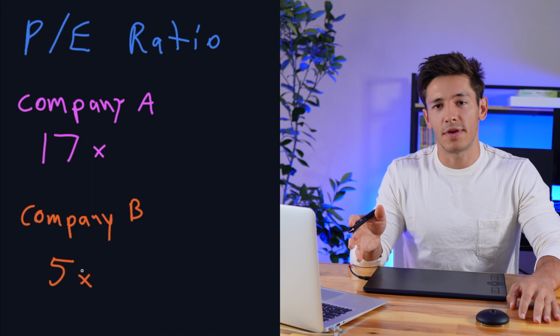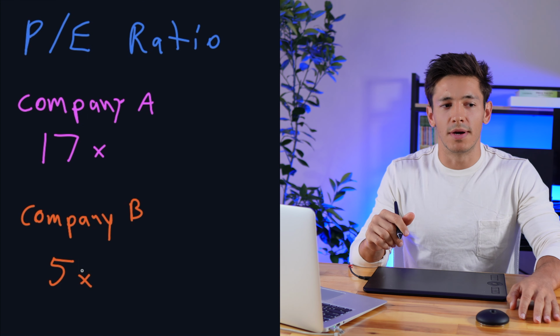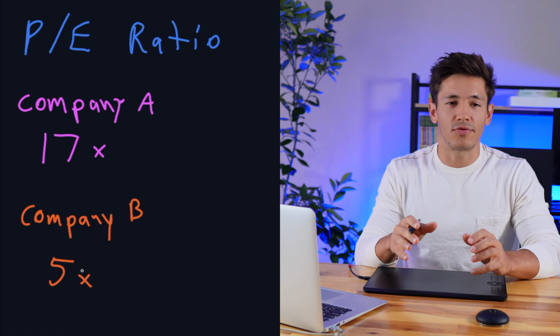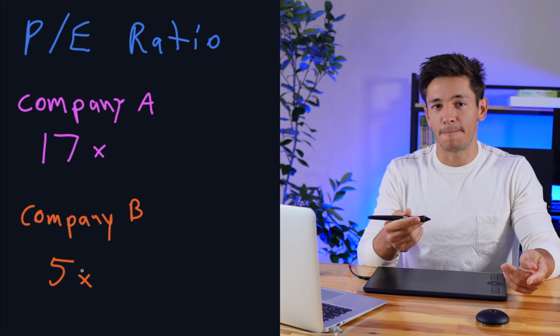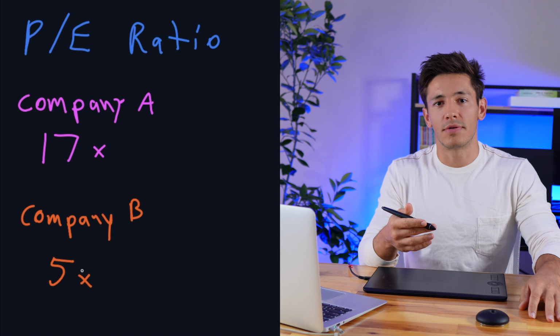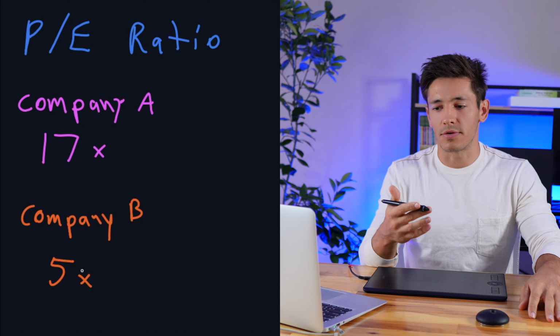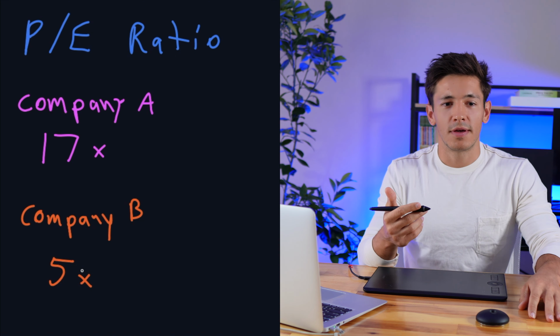And you might have said company B because it has the lower PE ratio, but this is a trick question because you don't really have enough information. And that's the point: as an investor, a PE ratio is good to look at, but it's not the end all be all.